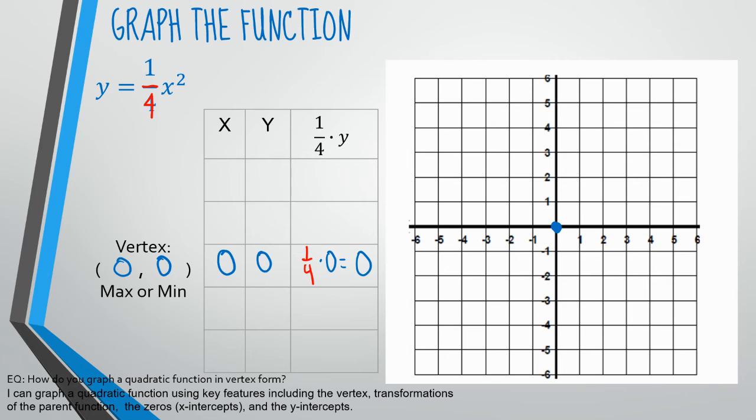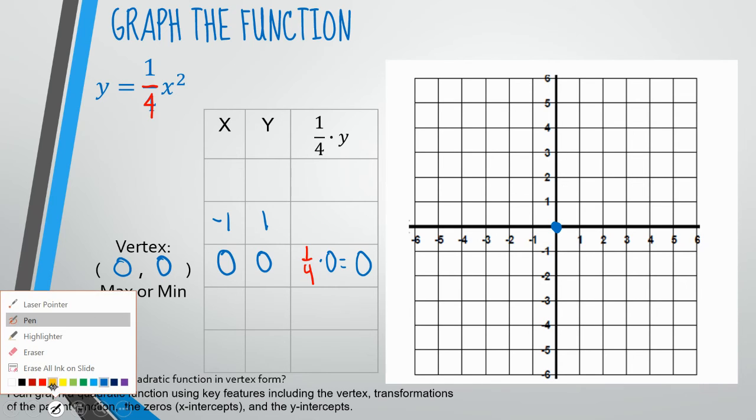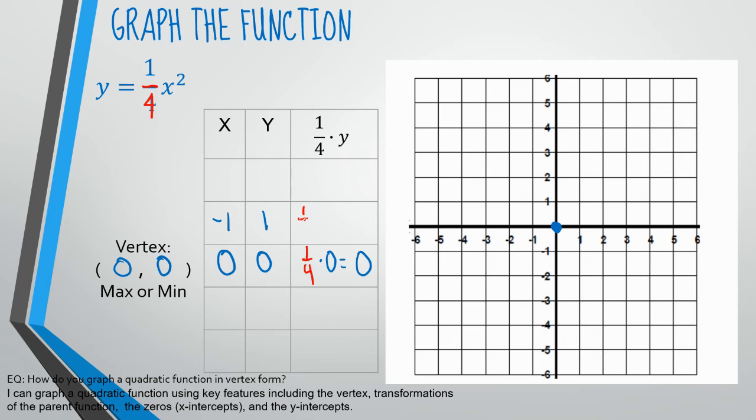And typically, we would go left 1, up 1, but instead, I'm just going to write all of these. We're going to take it and multiply it by 1.